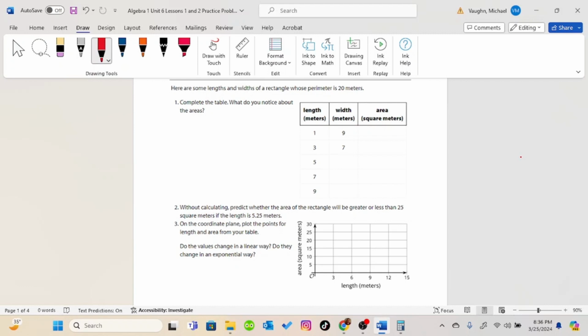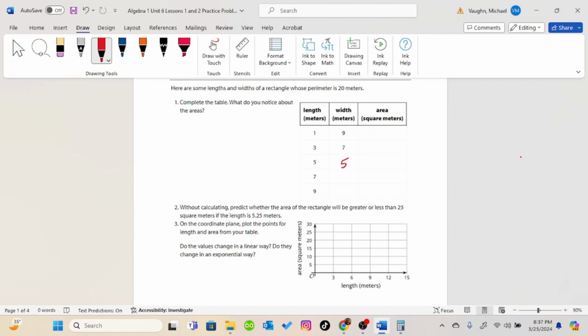The perimeter is 2 times length and width. So if we add 1 length and 1 width, it should be half of the perimeter, so that would be 10. So to fill in the rest of the width, when length is 5, width is 5.